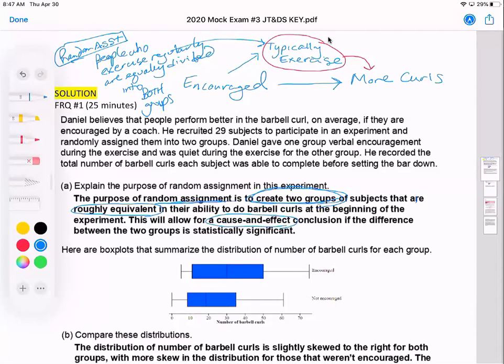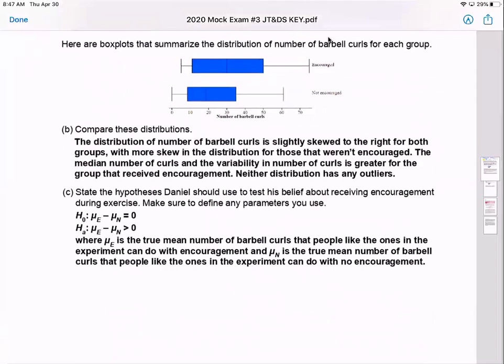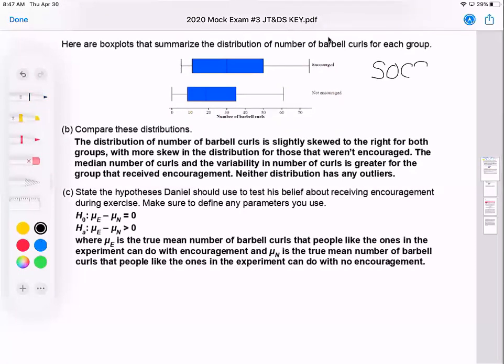All right, so that was the first question. Next question. You can be pretty confident that you're going to see a question about comparing or describing distributions. So these are box plots. Definitely want to address all these things, shape, outliers, center, and spread (SOCS), plus context.